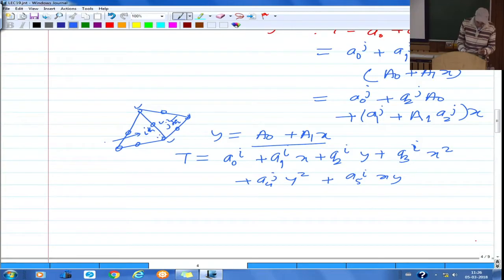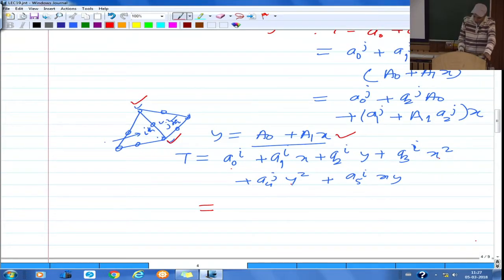So when you write this, what you are trying to evaluate is the variation of T along this edge, from here to here. Along that, y is a0 plus a1x. We are moving along a straight line, so the two coordinates are not independent. When you substitute here, we will find that the resulting expression is quadratic in x. Putting y equal to a0 plus a1x gives a constant and a linear term in x. The x square term is already quadratic in x.